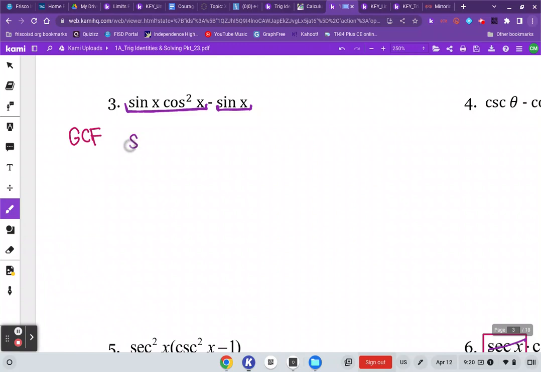So I'm going to take sine of x, I'm going to factor it out, like the opposite of a distributive property, basically. So if I take sine of x away from this first term, what's left over is the cosine squared of x. Bring down your subtraction symbol. When I take sine of x away from itself, what am I left with?